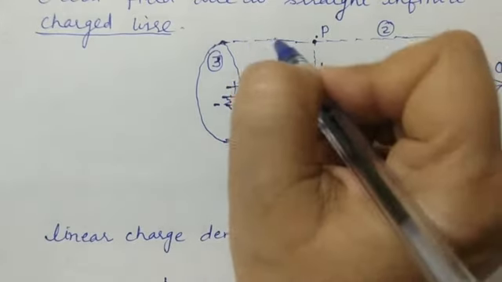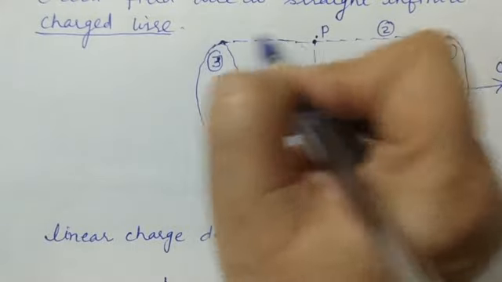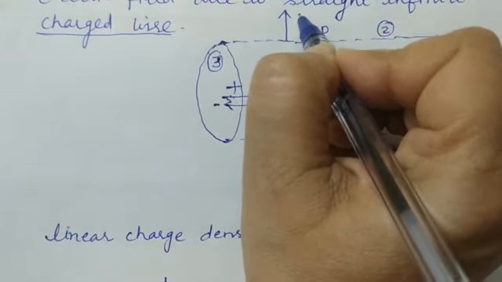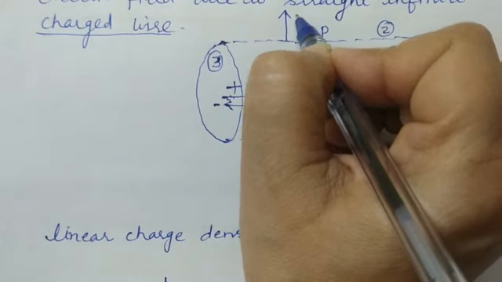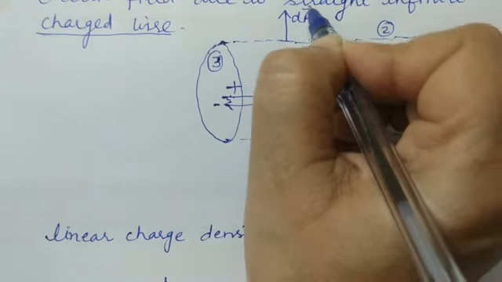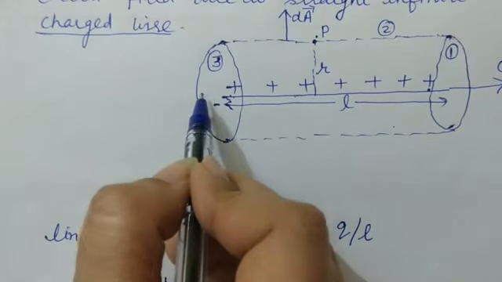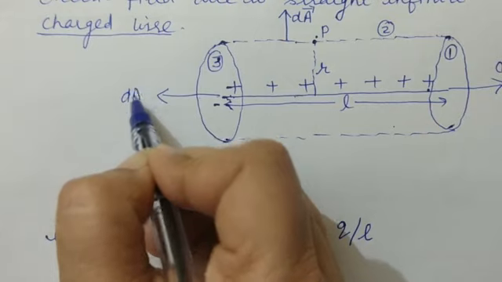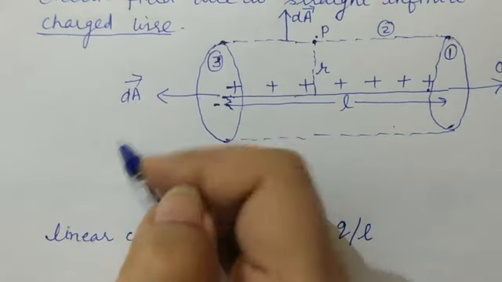For the curved surface, at this point the area vector will be upward. For this surface, it will be on the left side. So these are the area vectors.